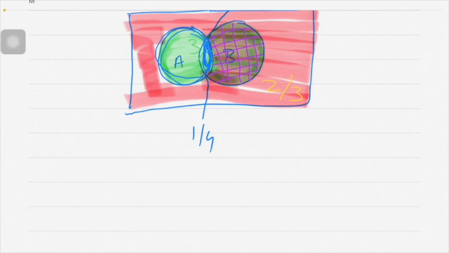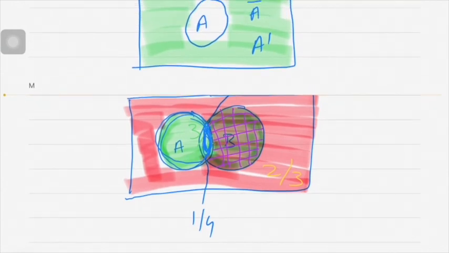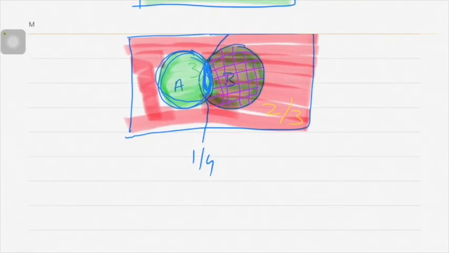Because this area is not A, that's why it is A dash, and it is B. So A dash and B. The probability of this area is asked. Understanding?